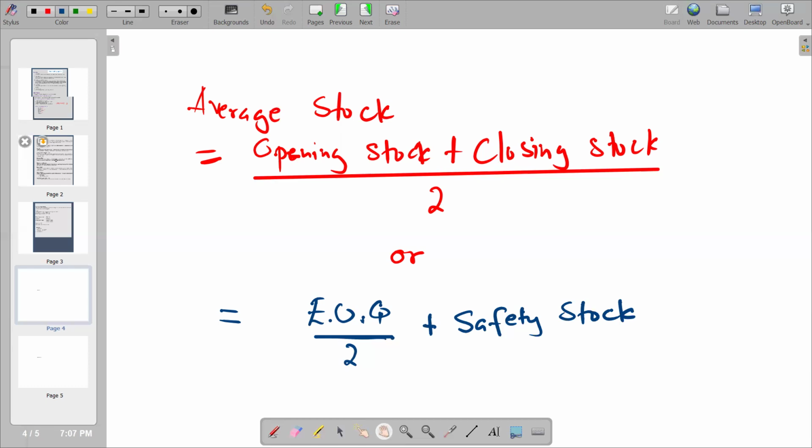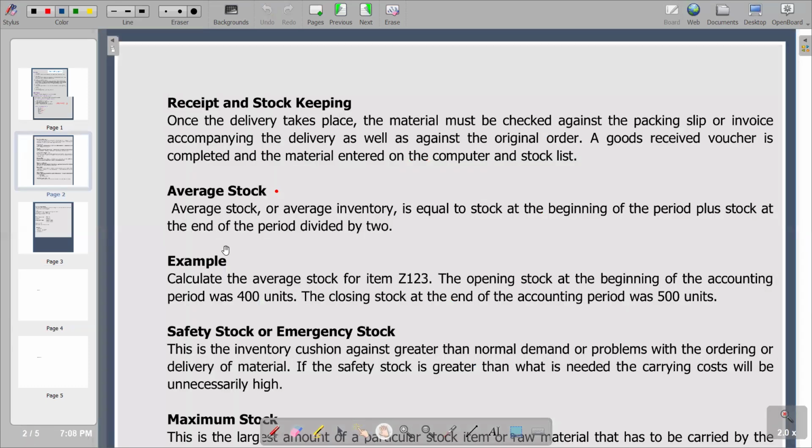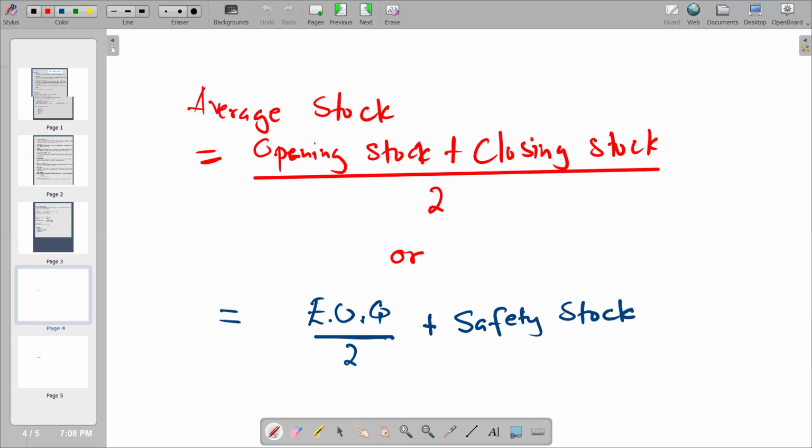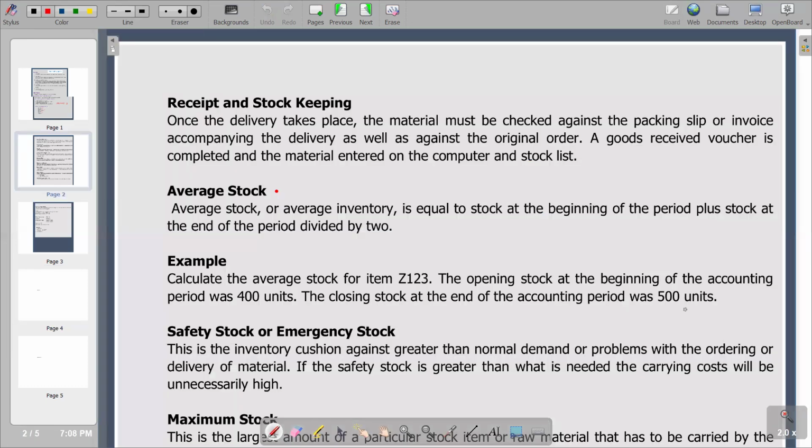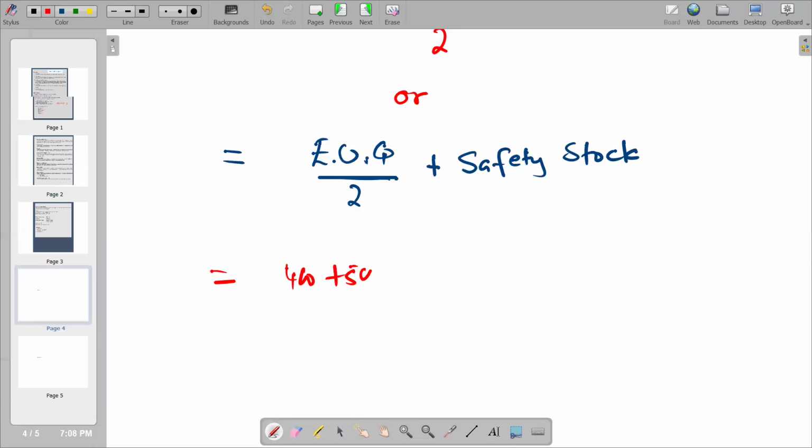Moving on, we are given an example of calculating average stock. Calculate the average stock for item Z123. The opening stock at the beginning of the accounting period was 400 units, and the closing stock at the end of the accounting period was 500 units. In the calculation, we say opening plus closing, then we divide by 2. So 400 plus 500, and then we divide by 2.